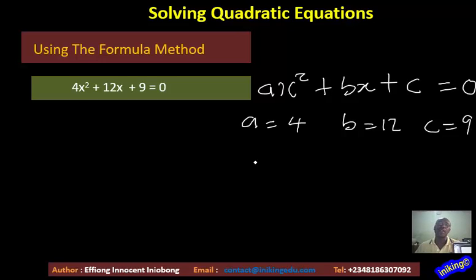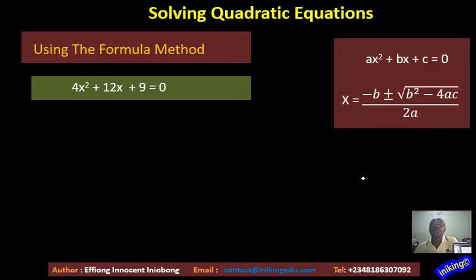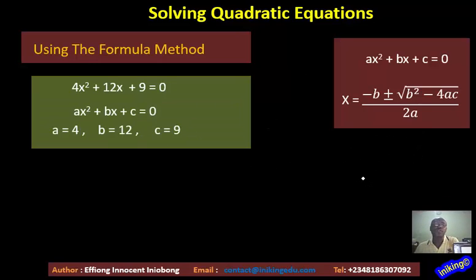Then we recollect that to obtain x, we apply the formula minus b plus or minus the square root of b squared minus 4ac, all divided by 2a. So a is substituted as 4, b as 12, and c as 9.